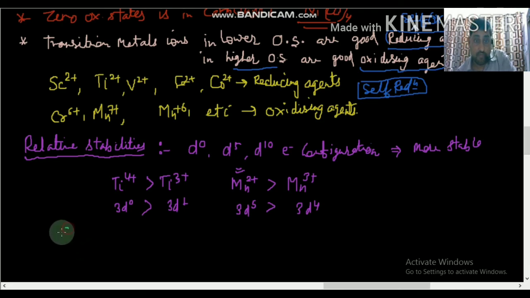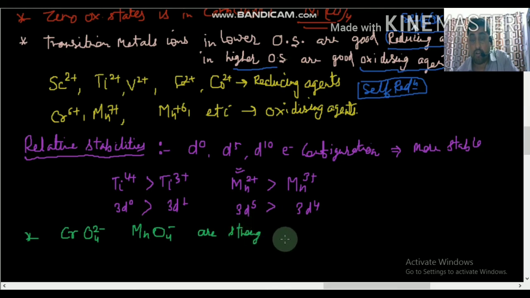So for example, if you see CrO4 2 minus, similarly MnO4 1 minus, they are strong oxidizing agents.